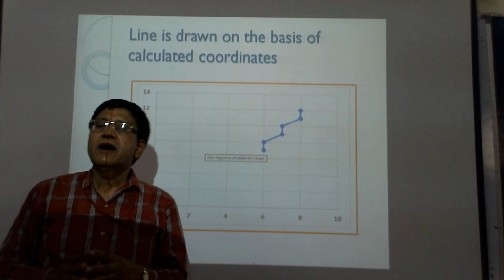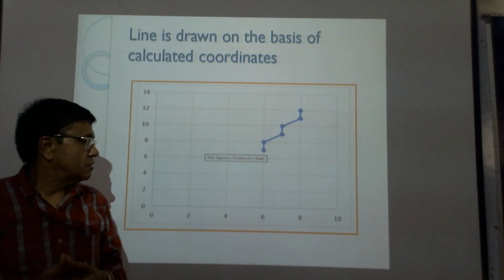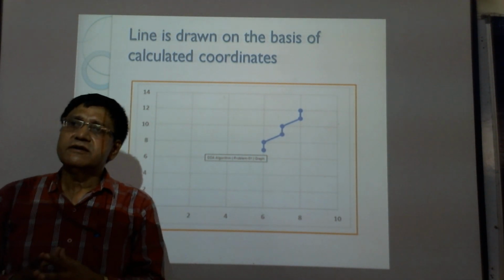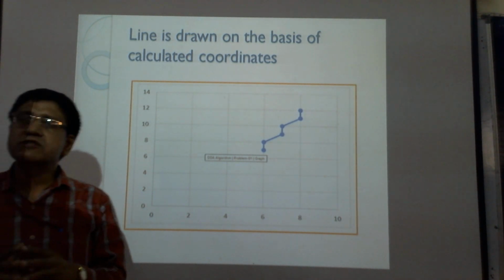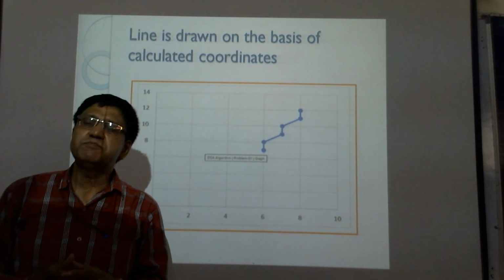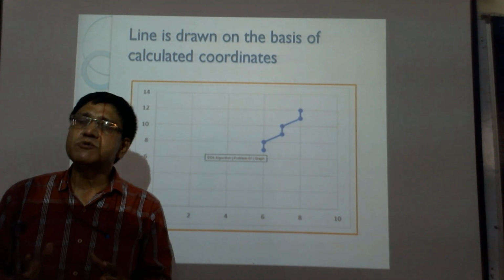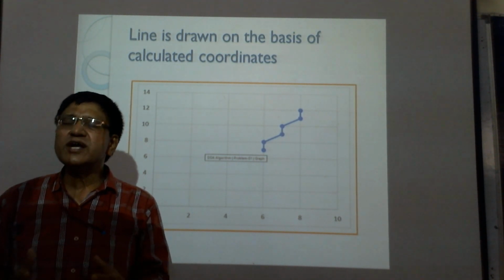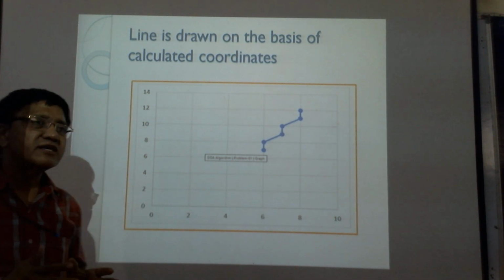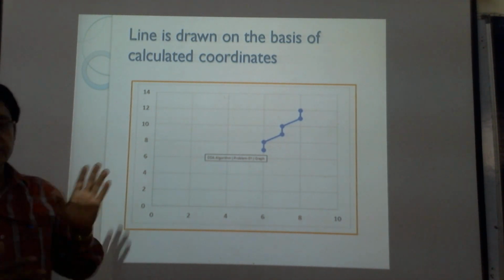So another algorithm for drawing lines can be used. We will discuss another algorithm in the next lecture. This is the Bresenham line drawing algorithm, which gives you a more accurate line, better than this DDA line algorithm.